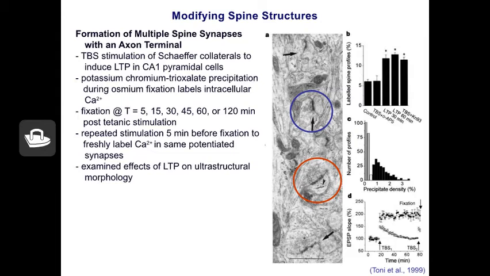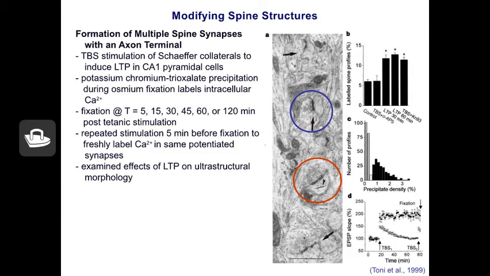However, in every case, they also stimulated the tissue 5 minutes before fixation. Accordingly, the tissue processed 5 minutes after stimulation got one set of theta burst stimulation. The others got stimulation and then a second stimulation 5 minutes before fixation.